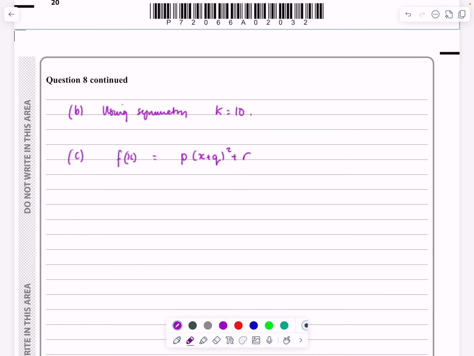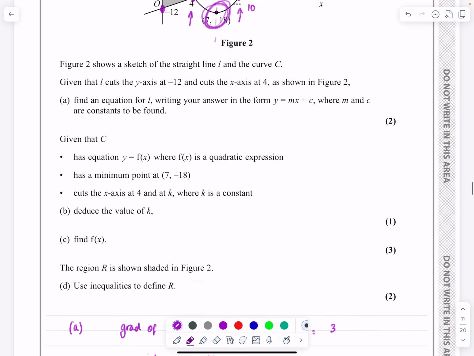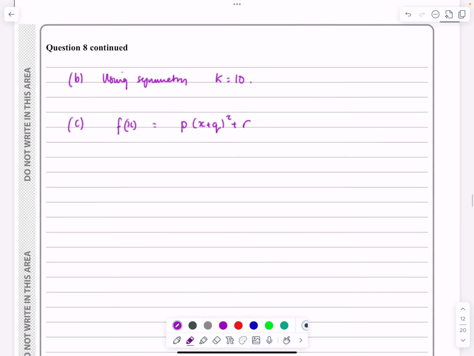If that minimum point is at (7, -18), then straight away I know that f(x) is equal to, I don't know what p is, but in order for it to have been 7, I must have had x minus 7 in there. And in order for the minimum value to be minus 18, I must have that value there as being minus 18. So we can get those 2 points straight away from the fact that we know the minimum point.